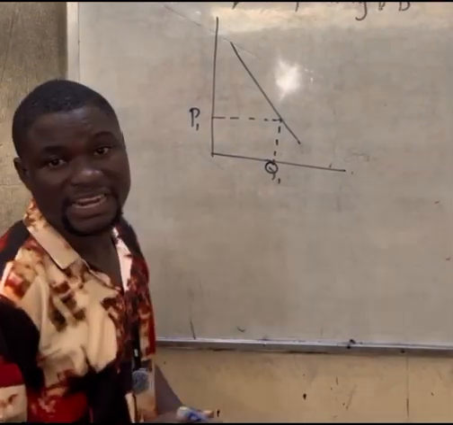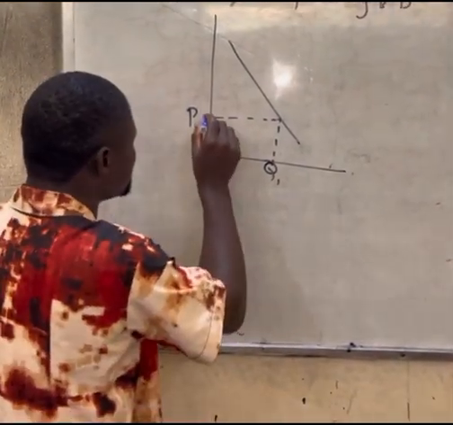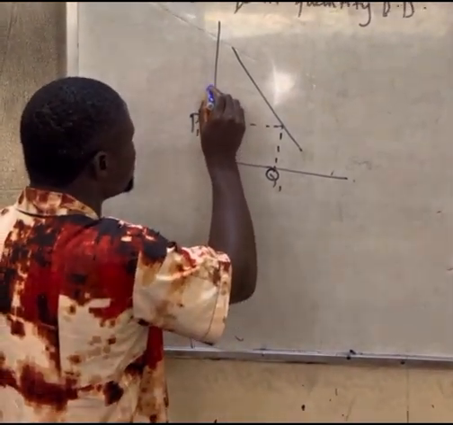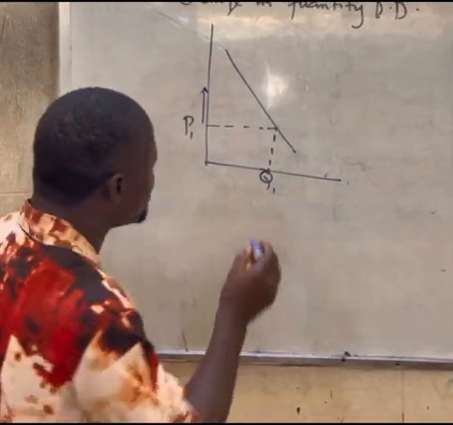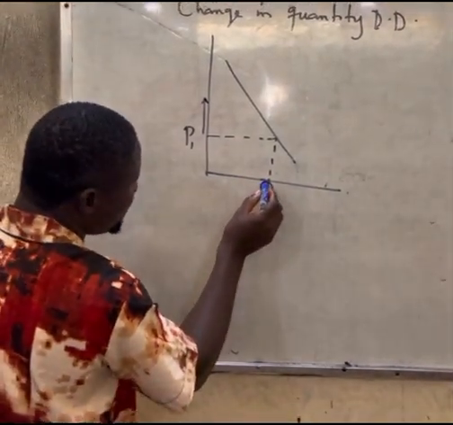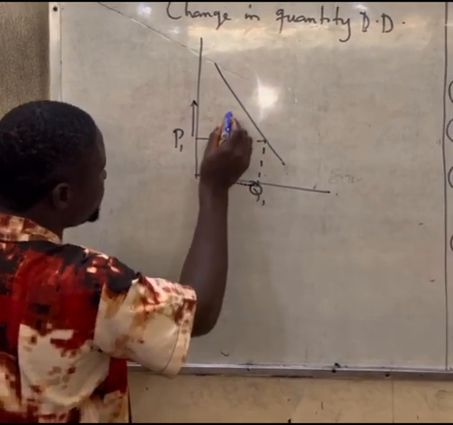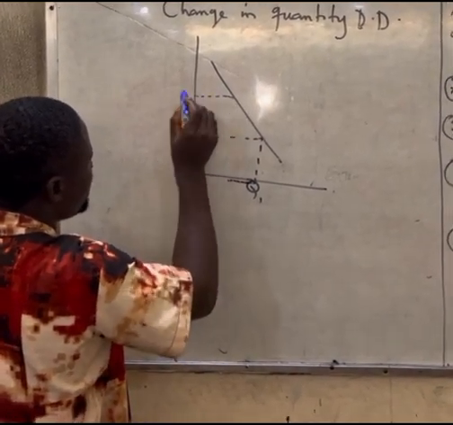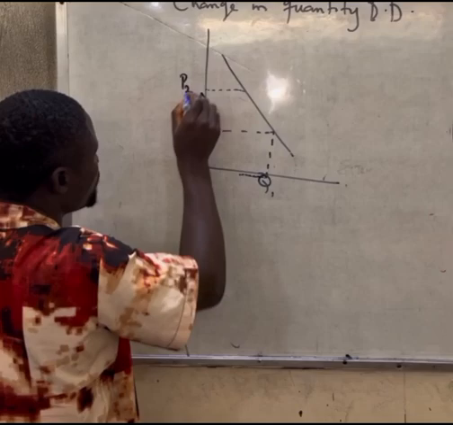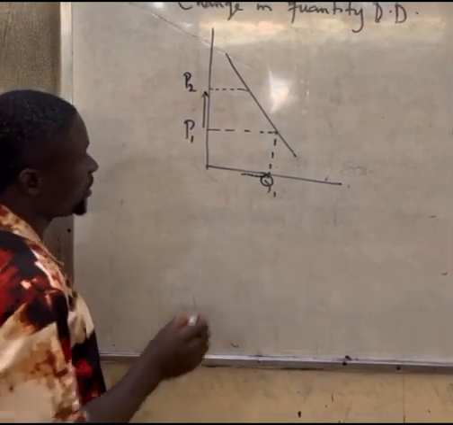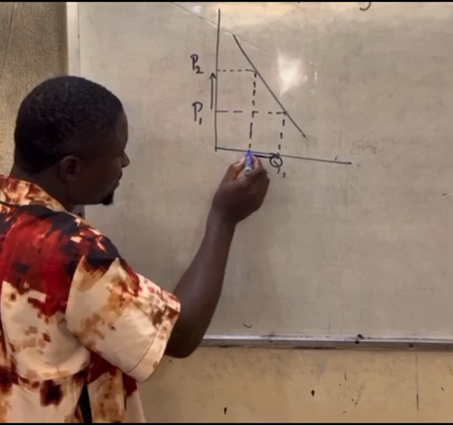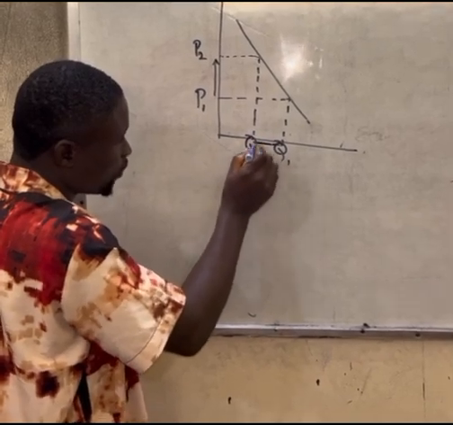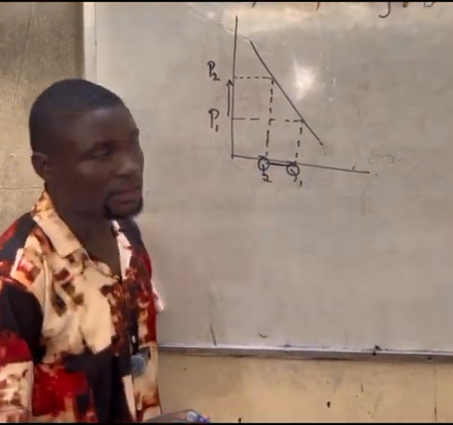And let's assume that there is a change in the price of this commodity, an increase in the price of the commodity. Then you can see that there will be a decrease in quantity demanded of this commodity. Let's say the price moved from P1 to P2. Then there will be a decrease in quantity demanded of this commodity. Can you see that now?